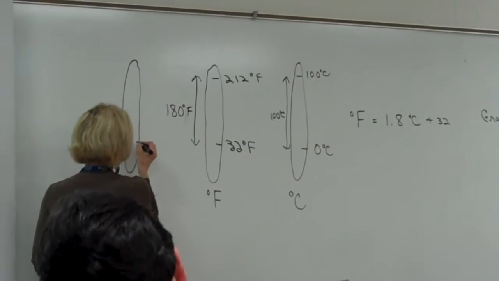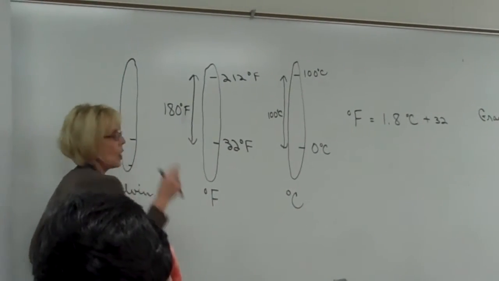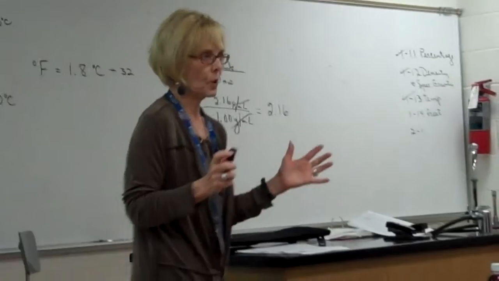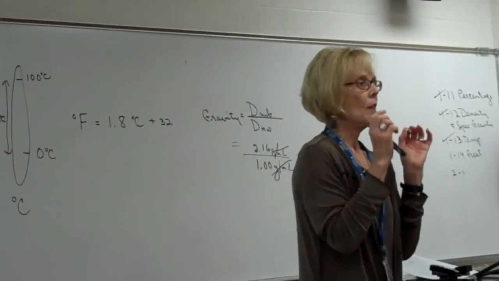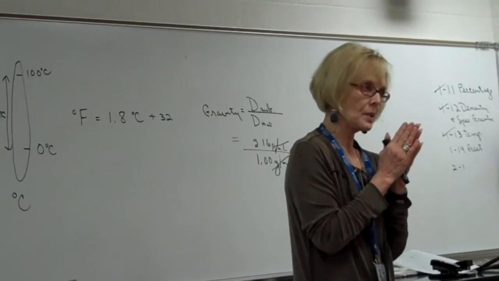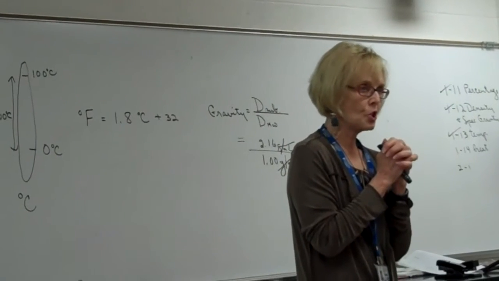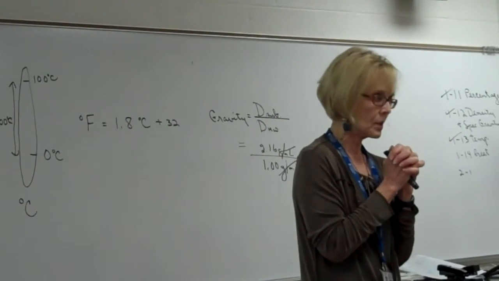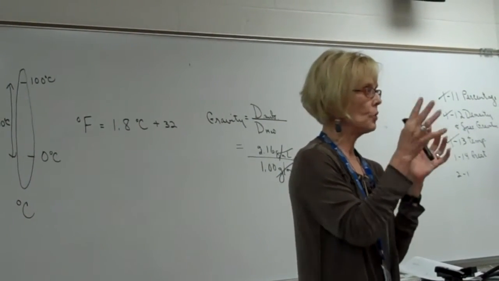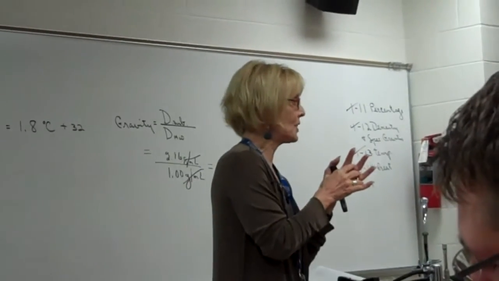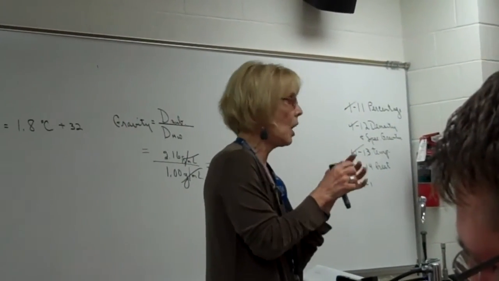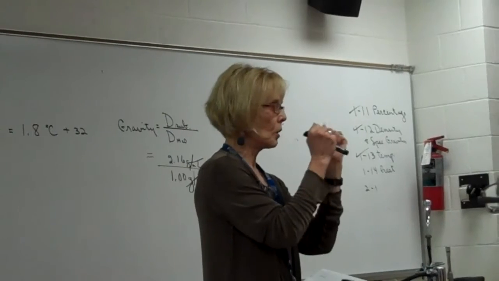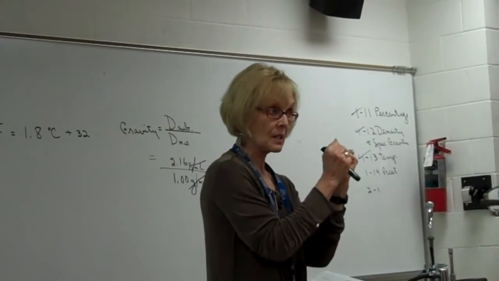What they did is, what's the lowest temperature possible? And this is in theory. The lowest temperature possible is minus 273 Celsius. At that temperature, if you ever arrived at that temperature, minus 273, all molecular or atomic motion would cease.